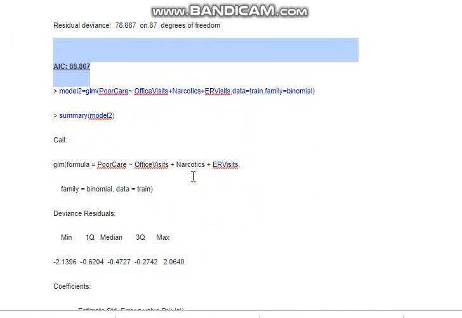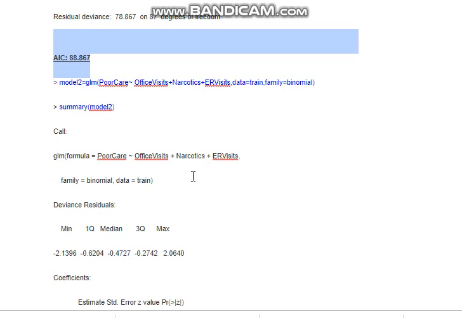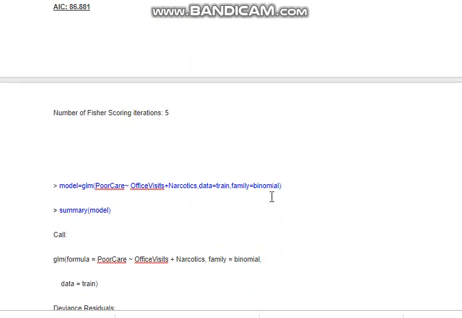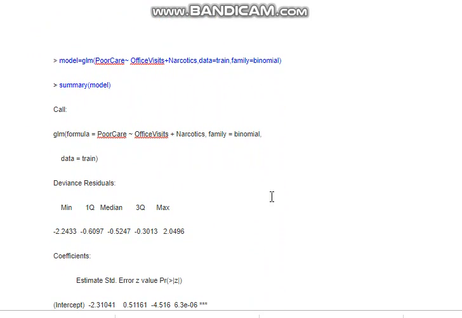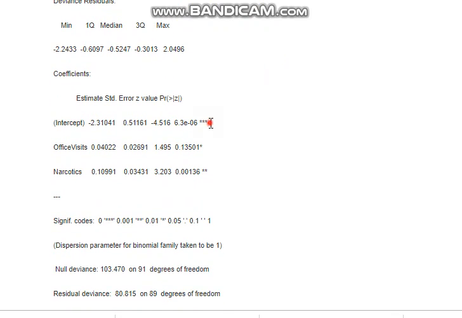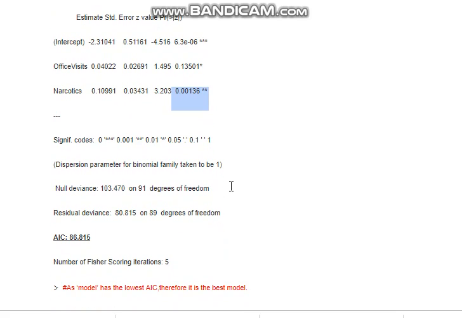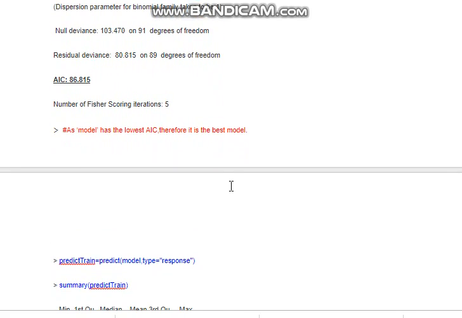AIC is an estimator of the relative quality of models. In another model, we again take office visit, narcotics and ER visit. In this case also, the p-value for the intercept and office visit is larger than for narcotics, so narcotics and the intercept are still the significant attributes over the other two.